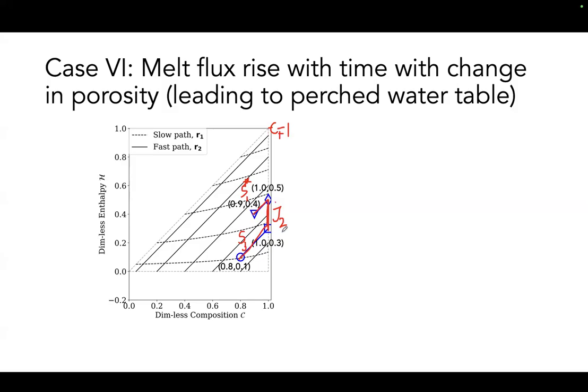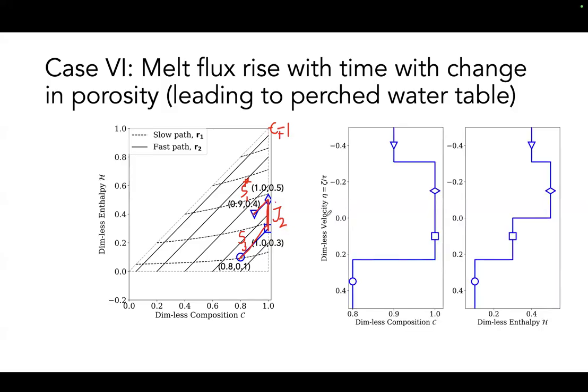In physicality, it looks like this, where the initial jump was at this point, but here this is your left state in composition, and this is the right state. Similarly, you have the case for enthalpy, which I'm skipping for now. From left, you go to the first intermediate state by crossing this wave called S1 star, or rising perched water table.